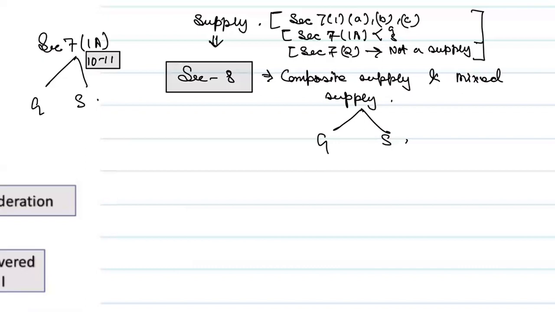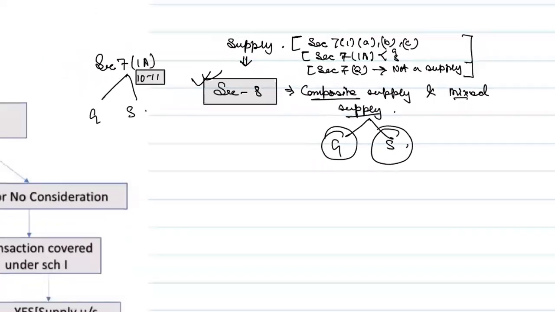What about other things? Other things will fall under section 8. Here we'll read about composite supply and mixed supply, and how this composite and mixed supply are going to help us determine whether this particular supply is of goods or that particular supply is of service. Okay, this is how section 8 has come into the picture.